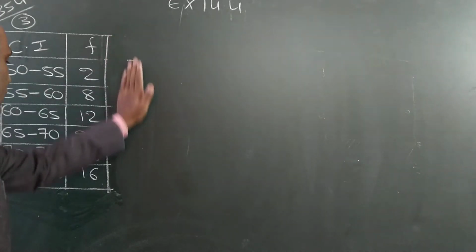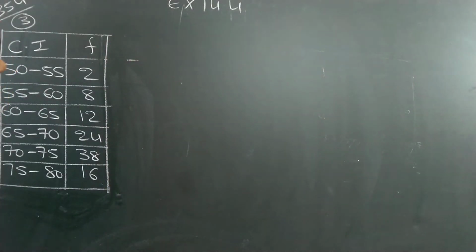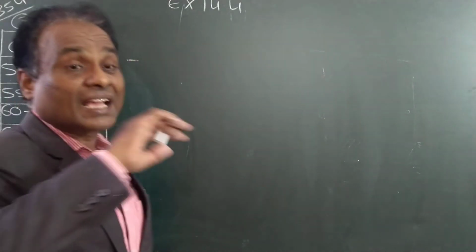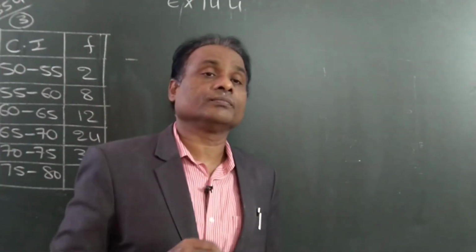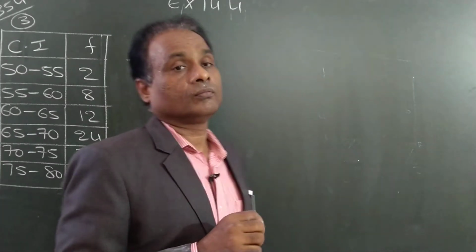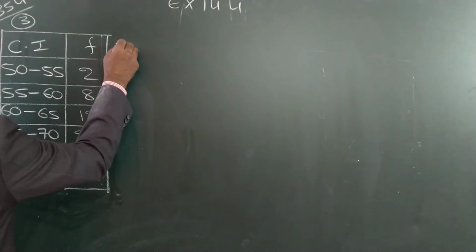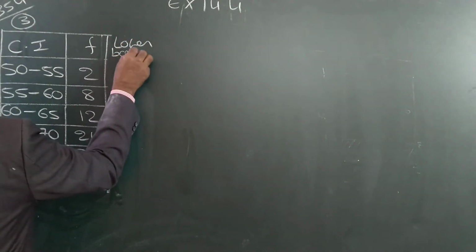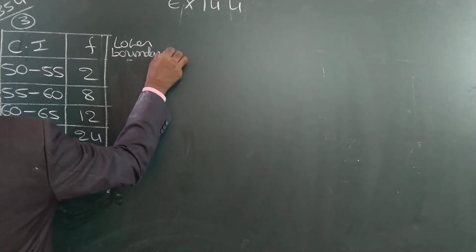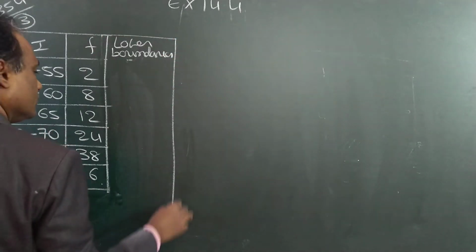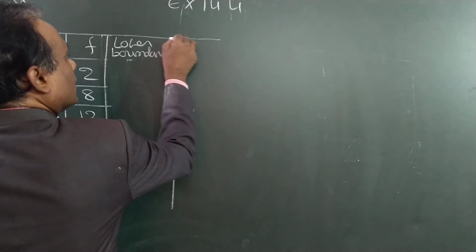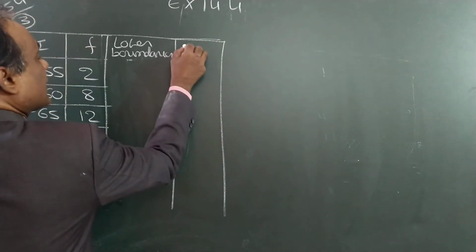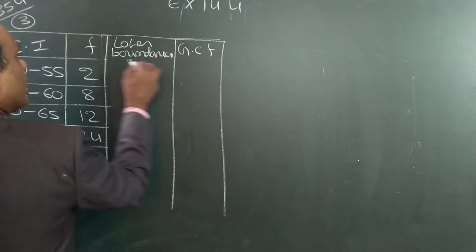So for that, what are the steps? See here. For drawing greater than type ogive, the curve, we have to prepare lower boundaries and greater than cumulative frequency.